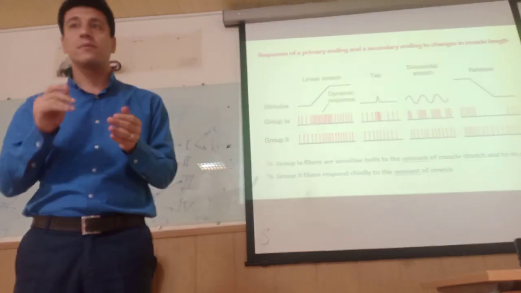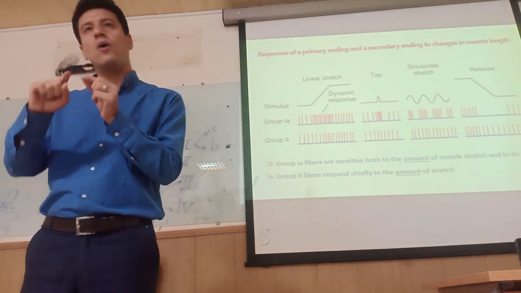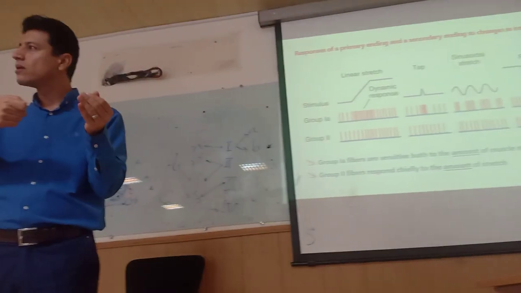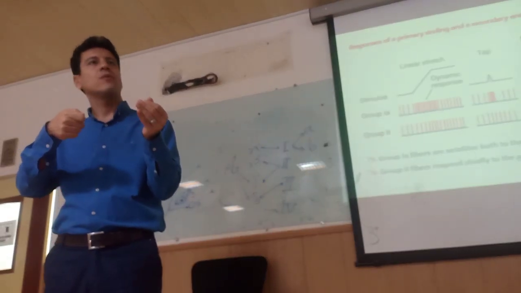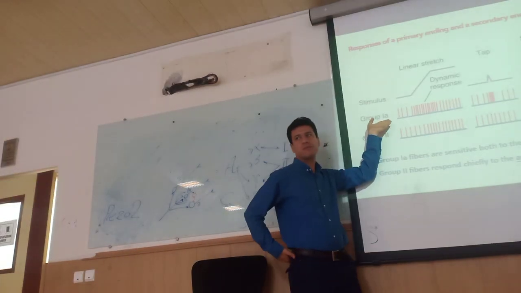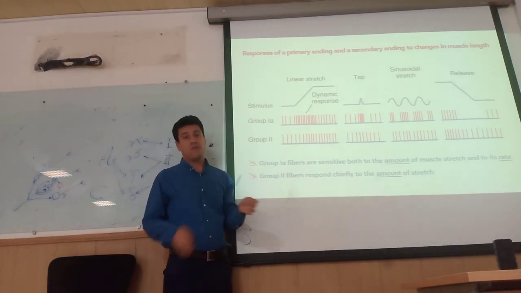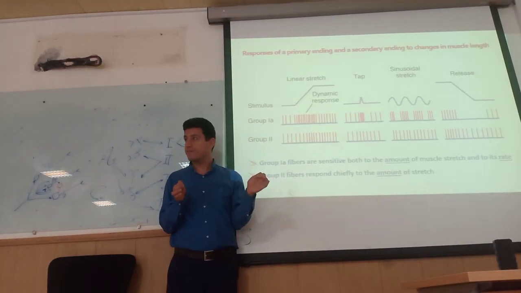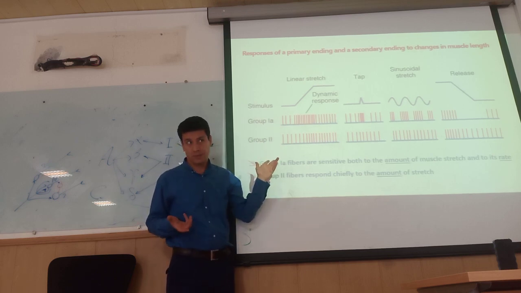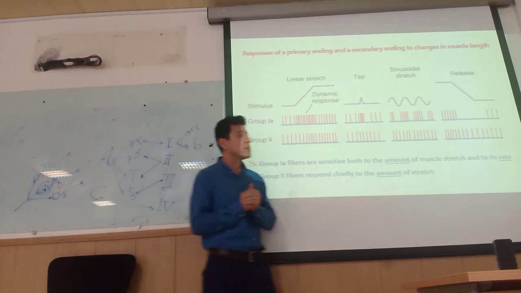When you have tap, that change happens very briefly. Or you have sinusoidal stretch, right? So you have change of the length. Type 1A fiber responds, but type 2 fiber doesn't respond. When you have constant stretch, then both of these can respond, right? So this is the difference between static response and dynamic response.